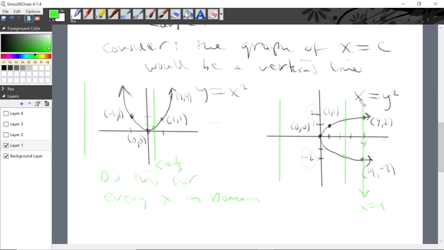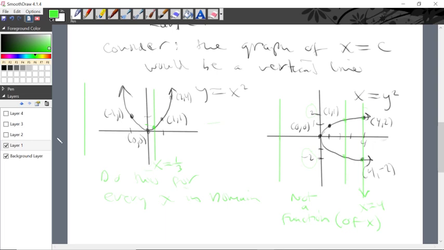So we choose a value of x that is within the domain, and we check to see if it's possible that we could end up with more than one y value, more than one output in the range. So we would declare that this relation is not a function. More explicitly, it is not a function of x.